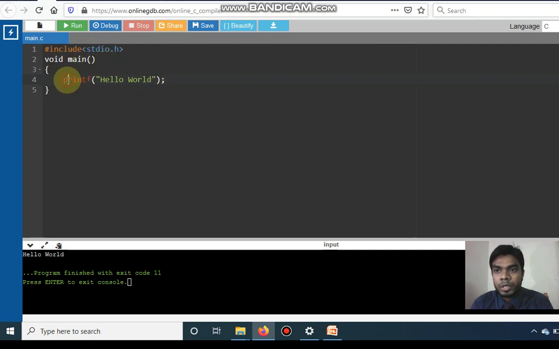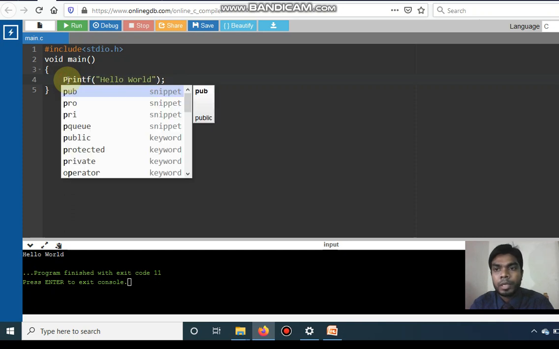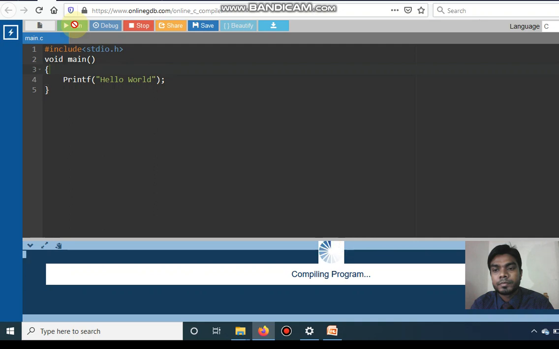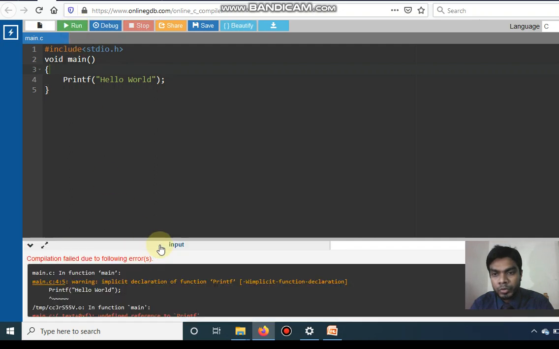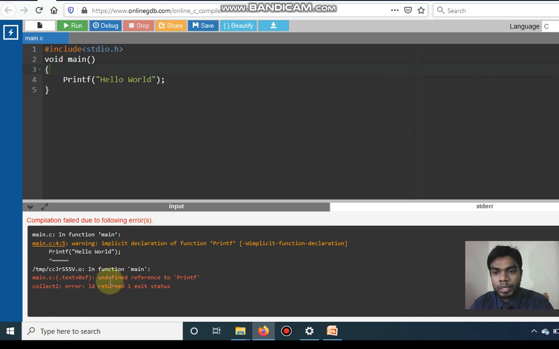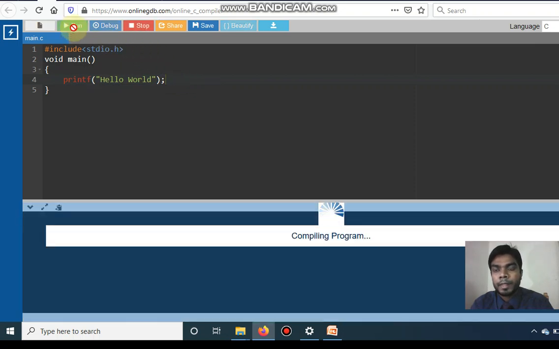Suppose I use a capital P and run the code again. It is showing an error, saying undefined reference to printf. So in the C programming language we have to use lowercase characters, so remember this.